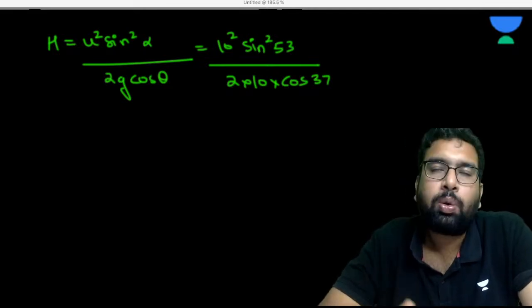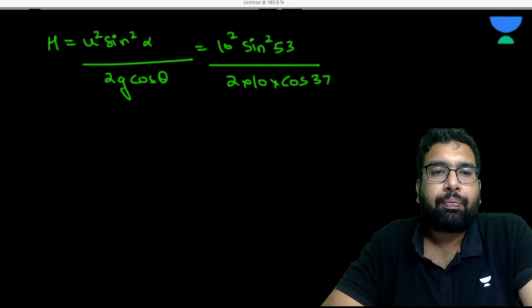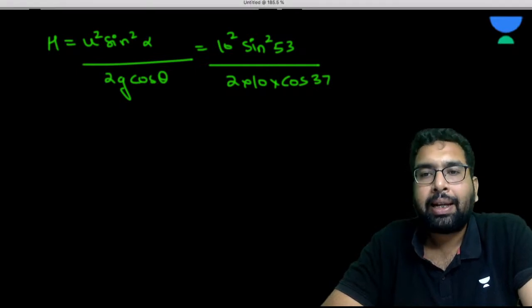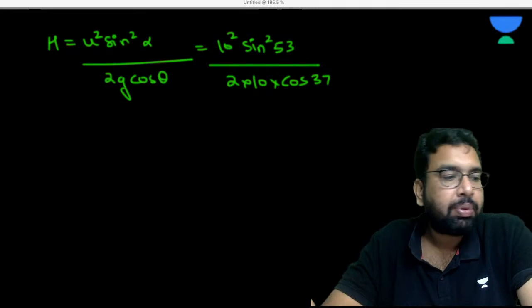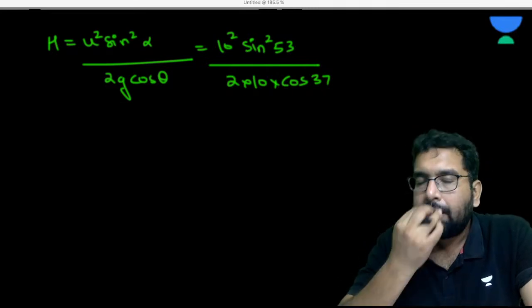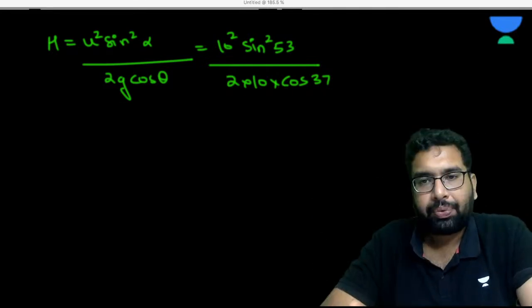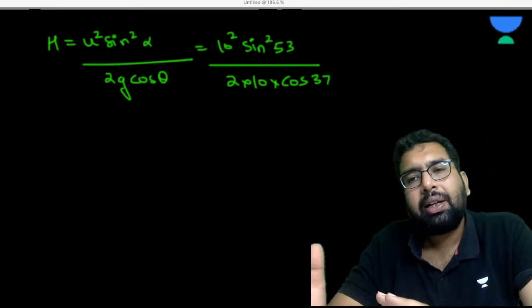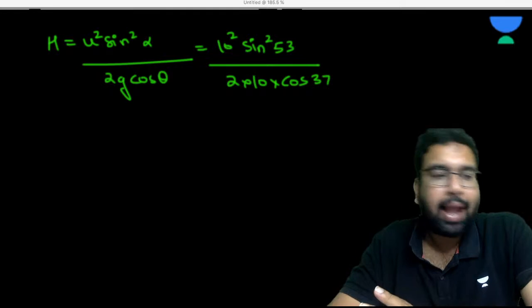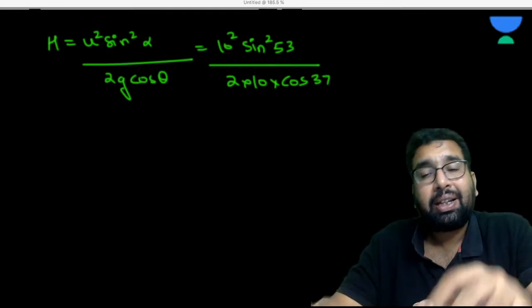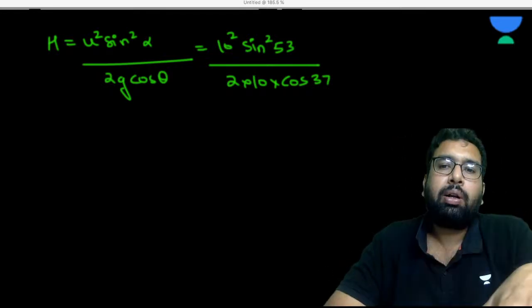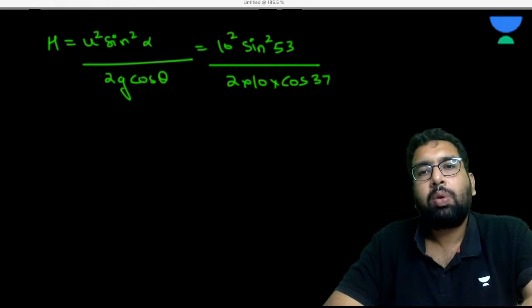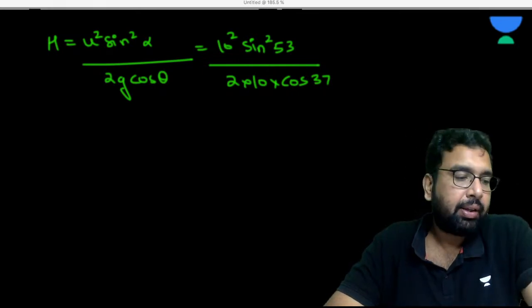Those who are not into any NITs, IITs, AIIMS, it is not that they are not performing well, they are also performing well. They may exceed even an IITian or something. But for the time being, when you are trying to crack something, obviously you want to crack it, isn't it?